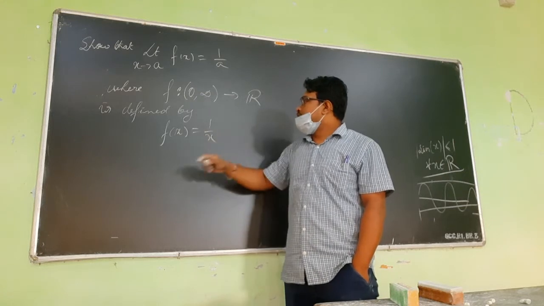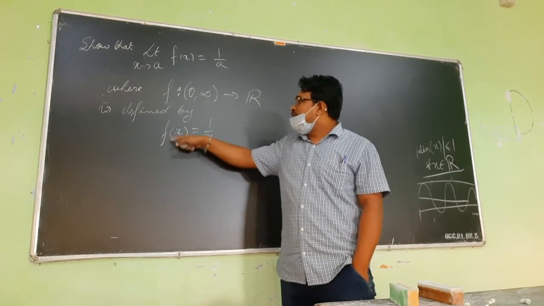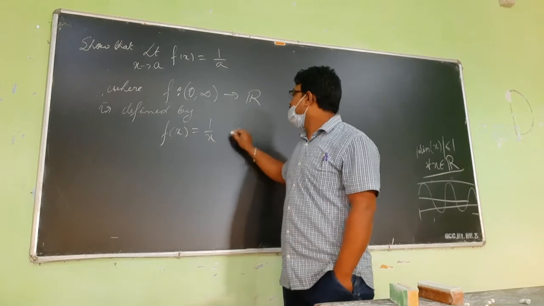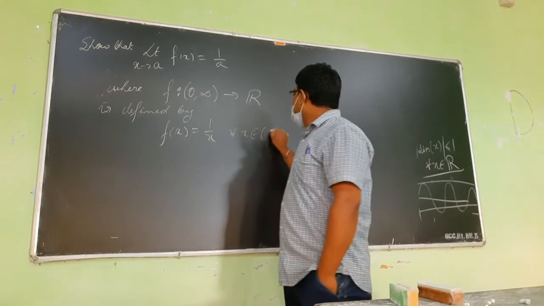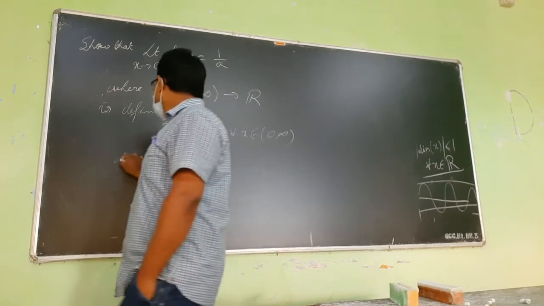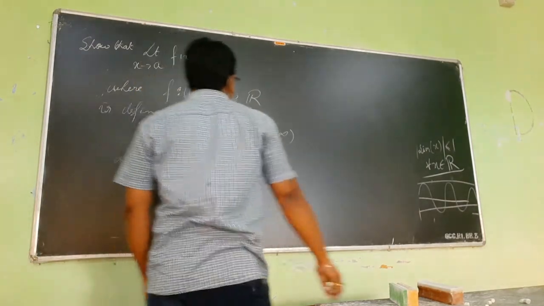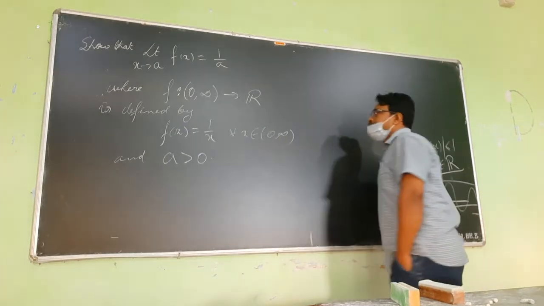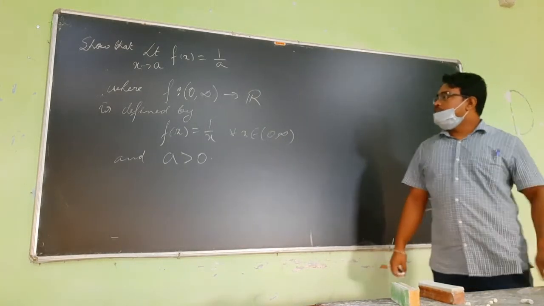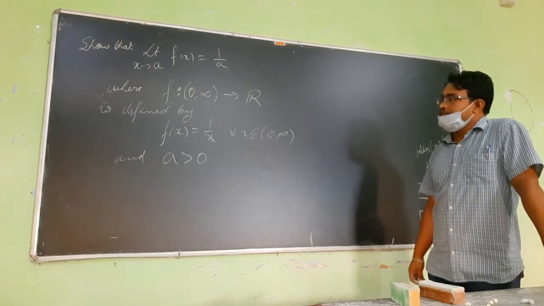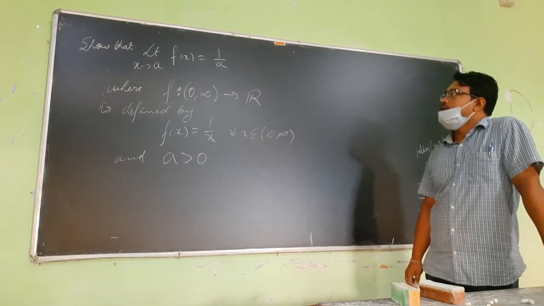Domain is the set of positive real numbers, and defined by f x equal to 1 by x for all x inside 0 infinity. And what is this a? A is some number which is greater than 0. Right?